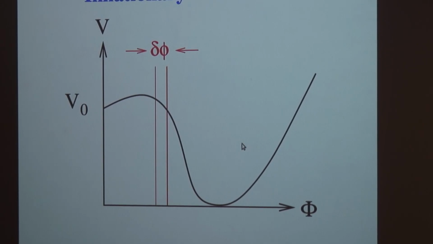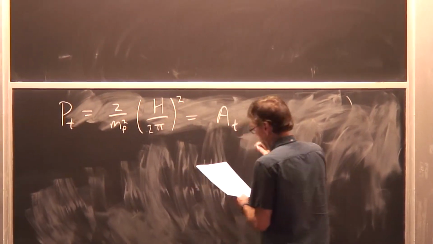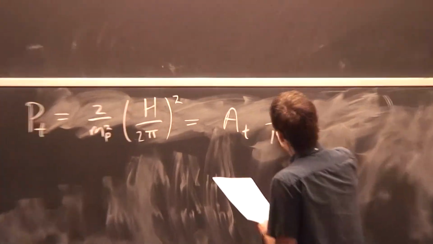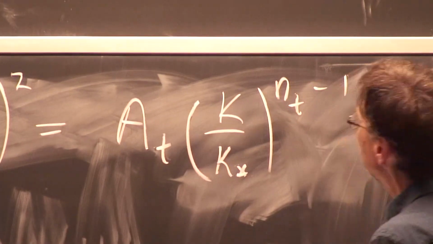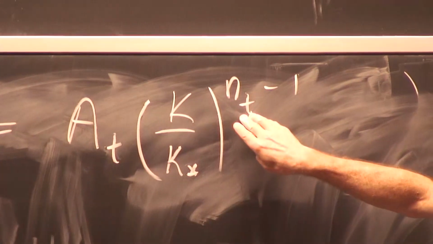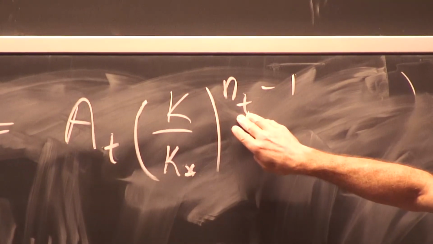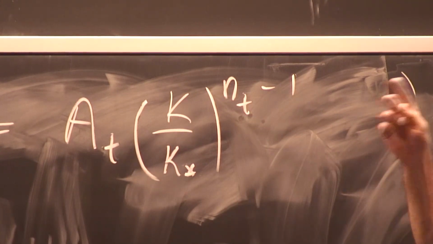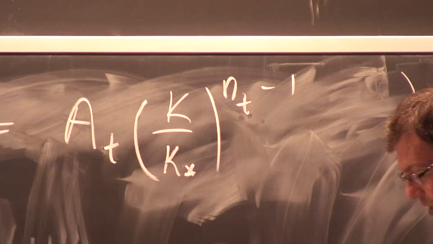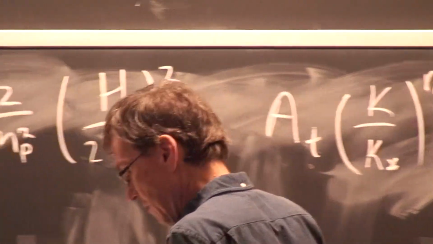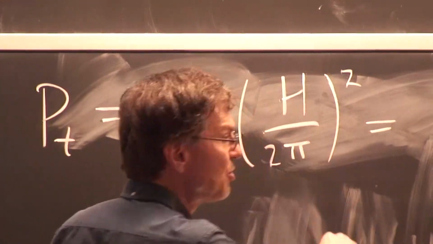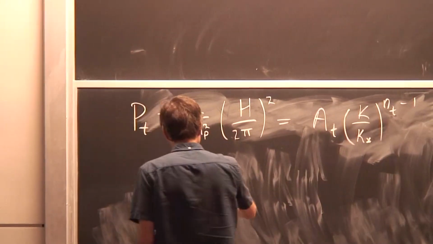That's not an issue for gravity waves. And similarly to the scalar spectrum, it's parametrized in just the same way, but it has its own spectral index, which one can compute in slow roll inflation. And it has its own amplitude. And well, we see what the amplitude here is, and we can compare.